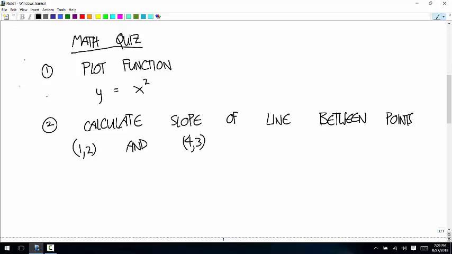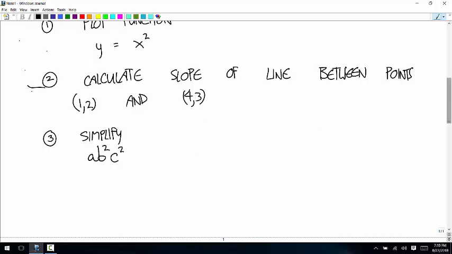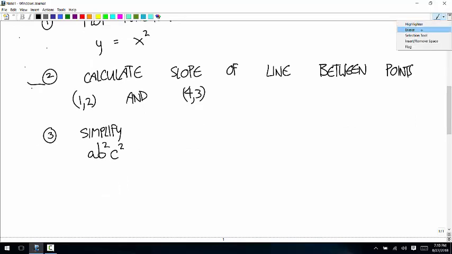So those are coordinates describing those points. Third, simplify the expression a times b squared times c squared divided by b to the 4th times a times the square root of c.